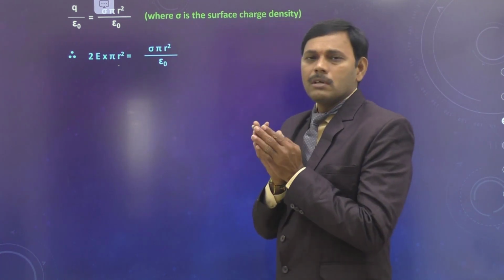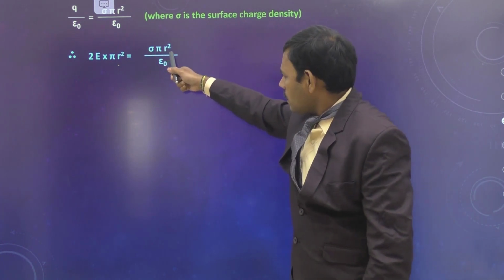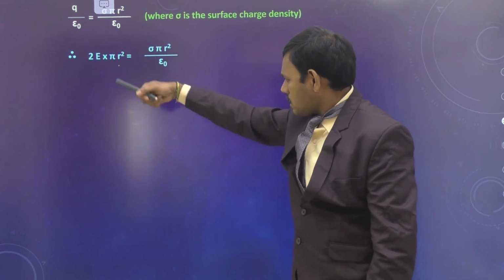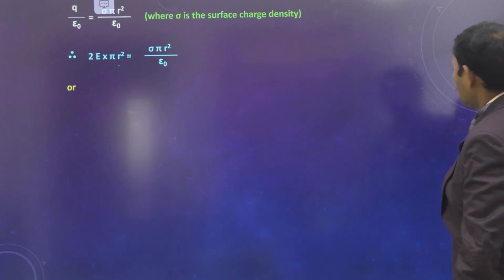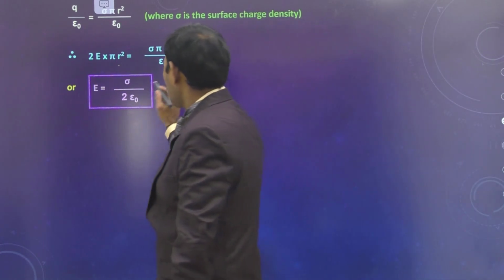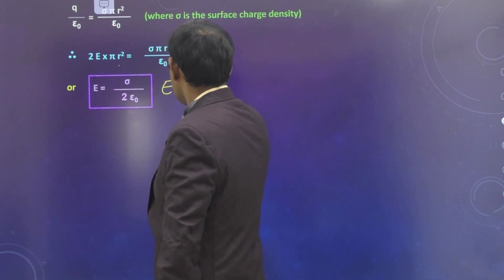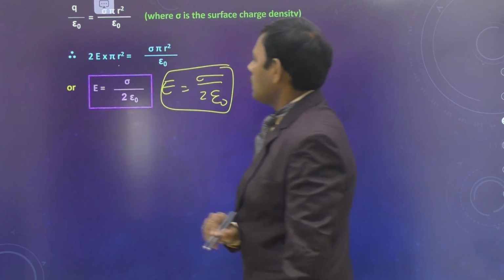The charge enclosed by the Gaussian surface is charge density into area pi r square. On both sides the pi r square gets cancelled. Then we get the expression E is equal to sigma by 2 epsilon naught.